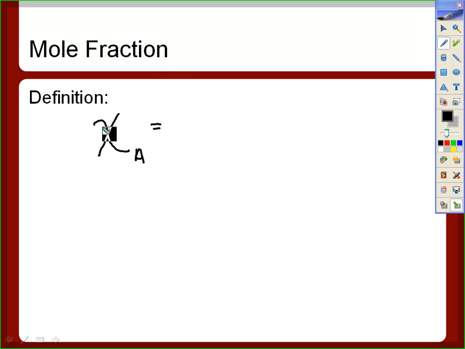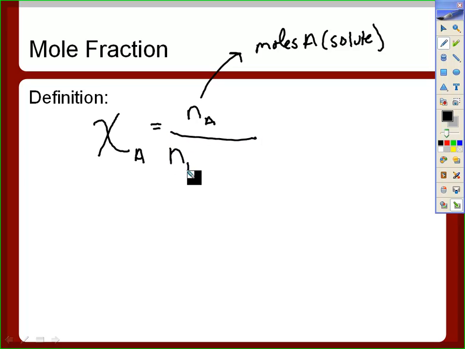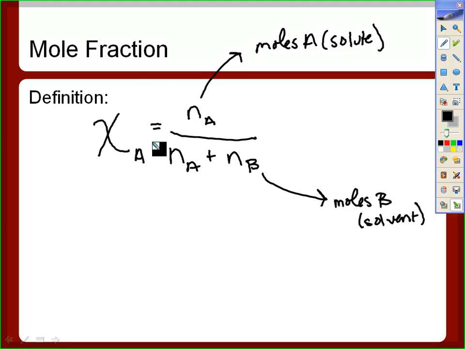So the mole fraction of A is going to be equal to n of A, the moles of A, which is the solute, over the sum total of moles of A plus moles of B, which is the solvent. So basically, the mole fraction of the solute is the number of moles of A divided by the total number of moles of solute plus solvent.